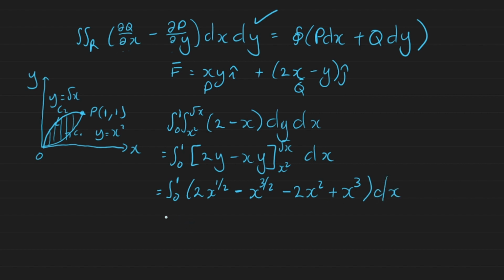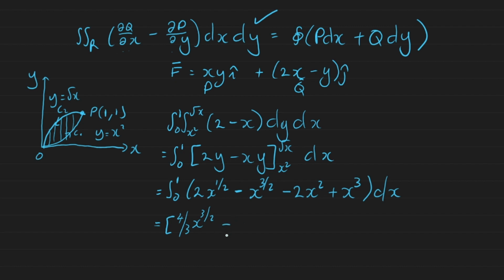So all we now need to do is integrate this with respect to x. The integral of x to the power half is x to the power 3 over 2, and 3 over 2 times something must give us 2. That something is 4 over 3.